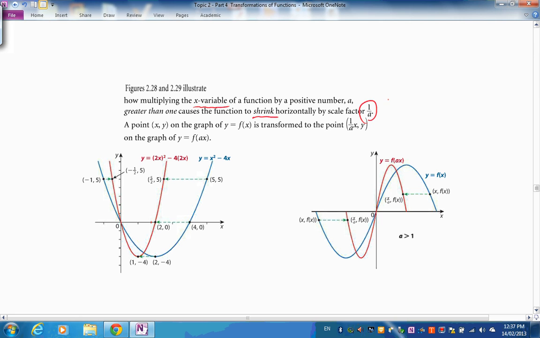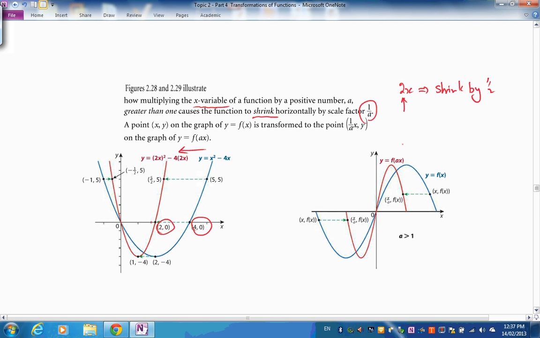So if we put in 2x, so a is 2, that will imply shrinking by a factor of a half. So where you have 4, naught, you will go back to 2, naught. So it's going to shrink backwards there. There we have it. It's going to go back to 2, naught, because putting a 2 in front of x is going to shrink it.